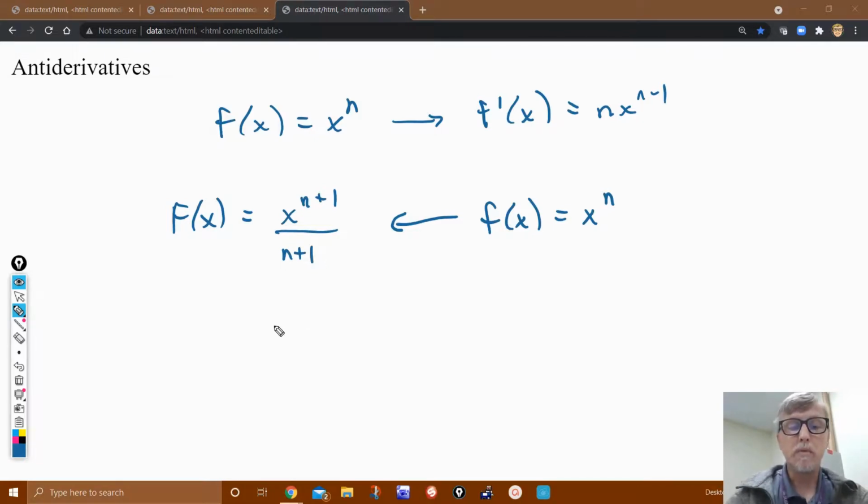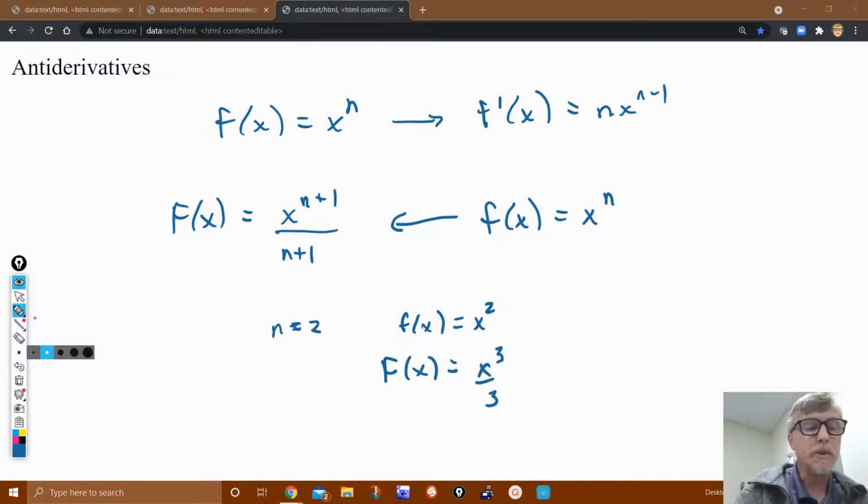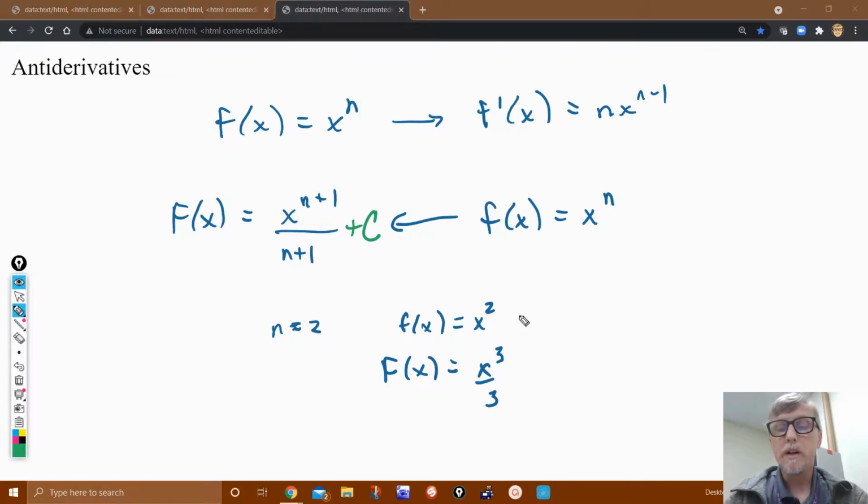So, for example, if n equals 2, then f of x is x squared, and capital F of x is x cubed over 3. And soon and very soon also, just to give you a little hint as to what's to come, you're going to see that there's a plus C after this, because an antiderivative of 0 is any constant, right?